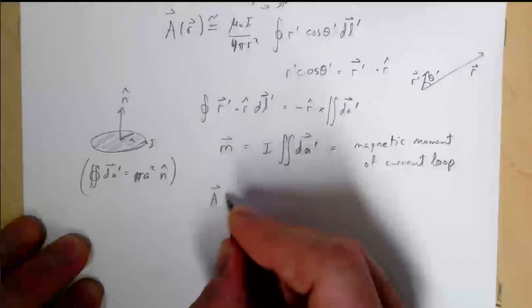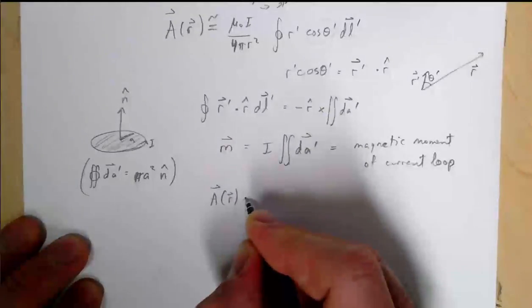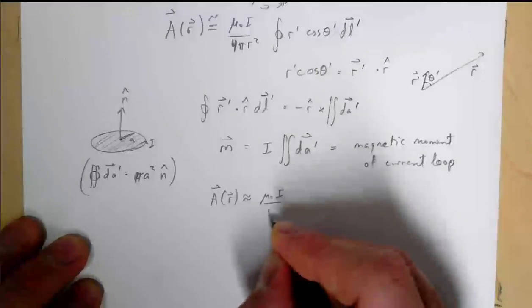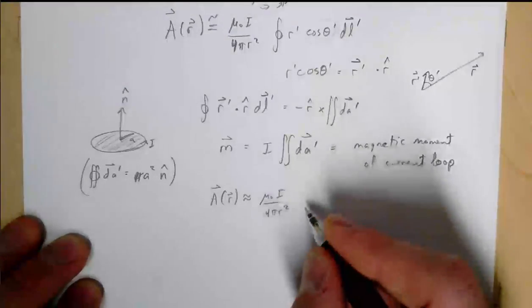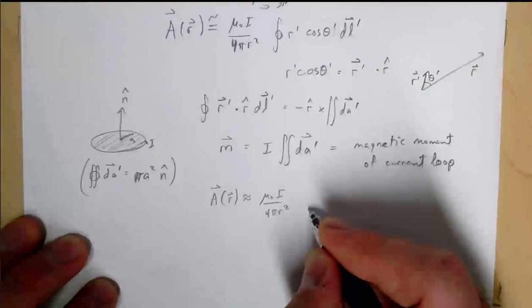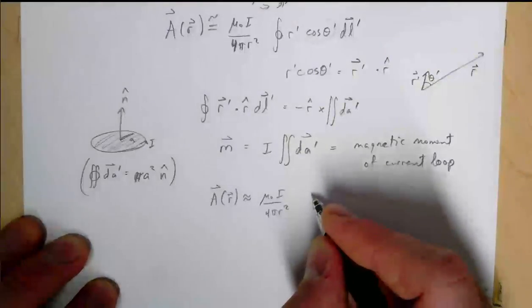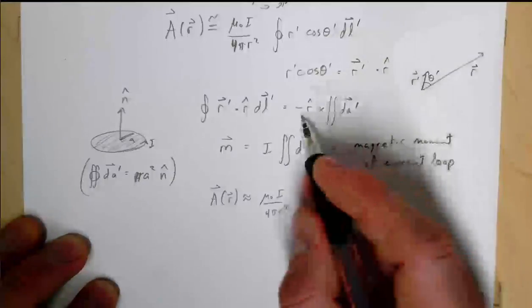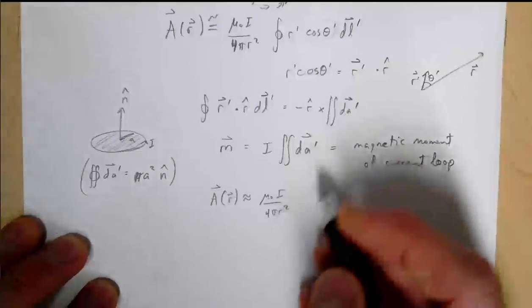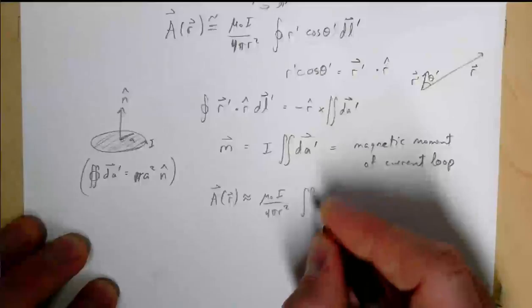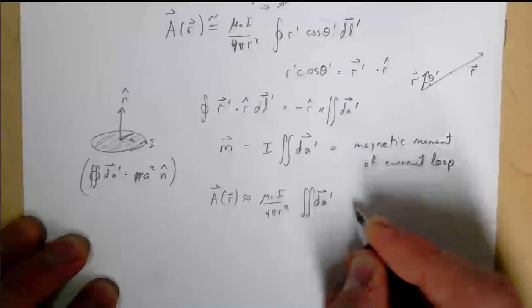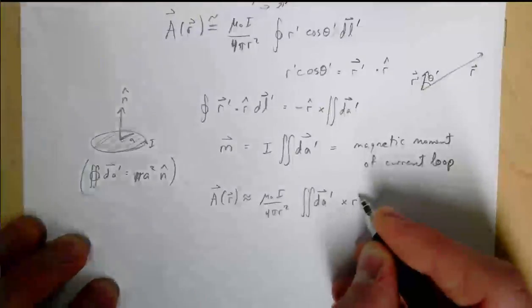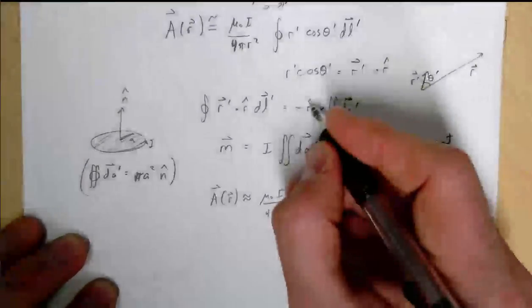My A now is approximately equal to mu naught I over 4 pi r squared, and then I have this integral of dA prime crossed with r hat, as I have up here.